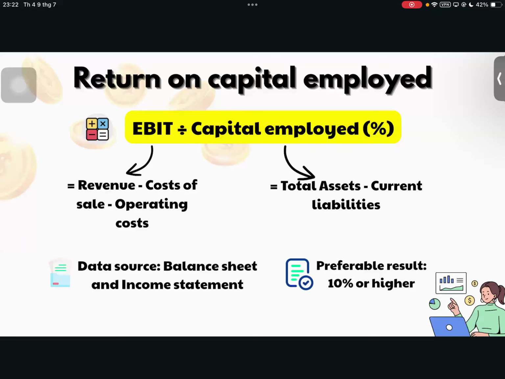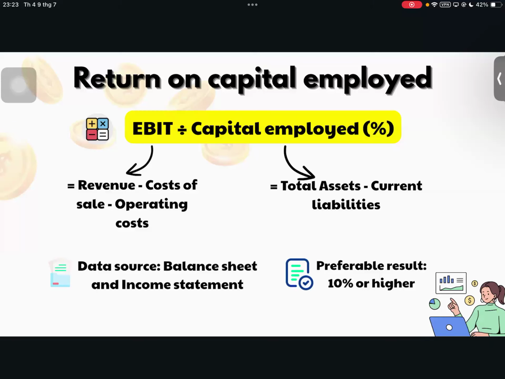It shows how well the business manages its capital and makes a return from it. The formula is EBIT, or earnings before interest and tax, divided by the capital employed. EBIT is also known as operating profit.